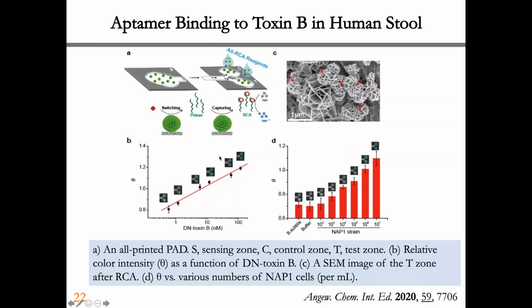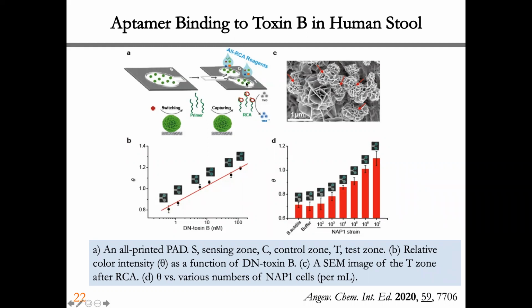And we also designed a paper-based sensor. I don't want to go into details, but it's kind of an origami type of thing. We have a sampling zone, a detection zone, and a control zone. The control zone always generates a signal.